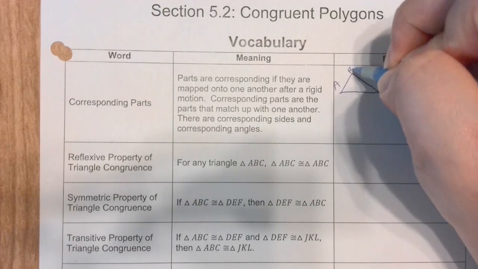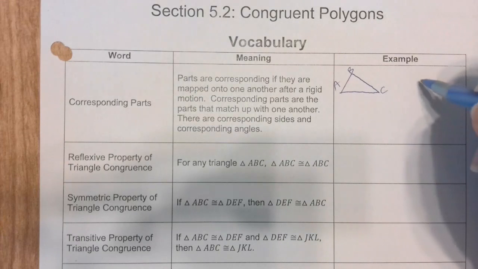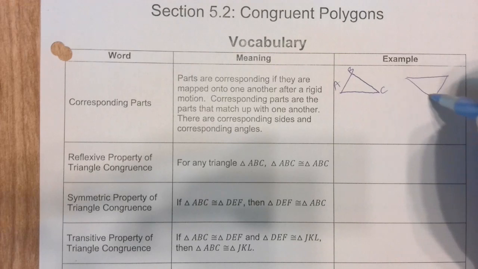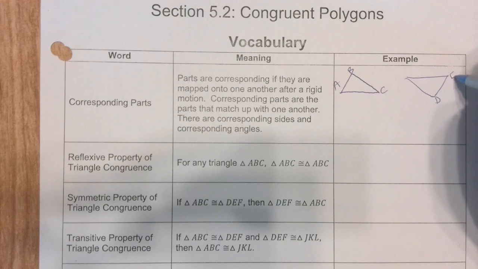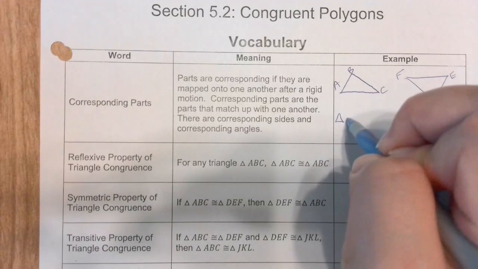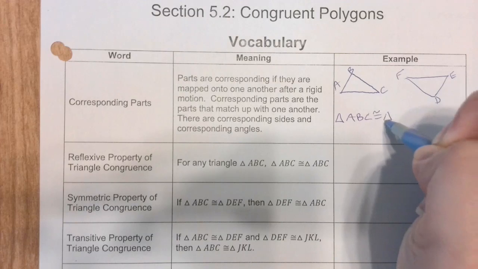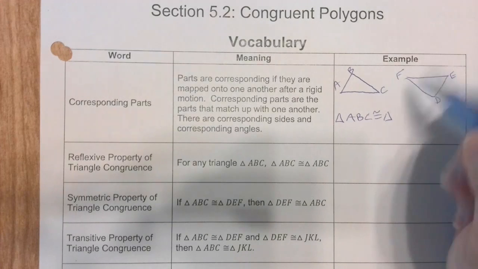So if I have triangle ABC and I have triangle, let's maybe flip it upside down, DEF, and I tell you that triangle ABC is congruent to triangle EDF.